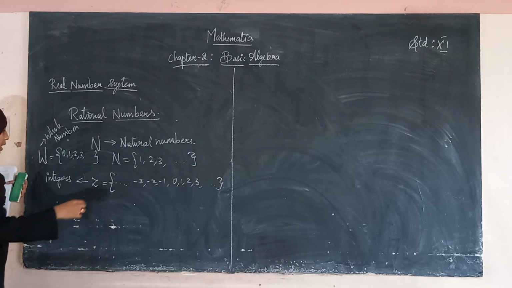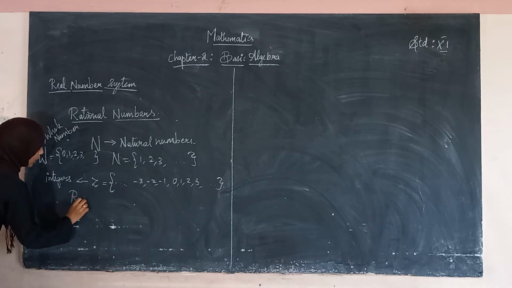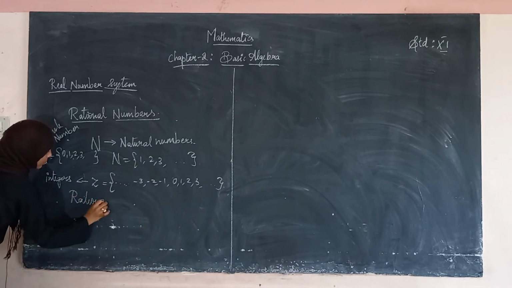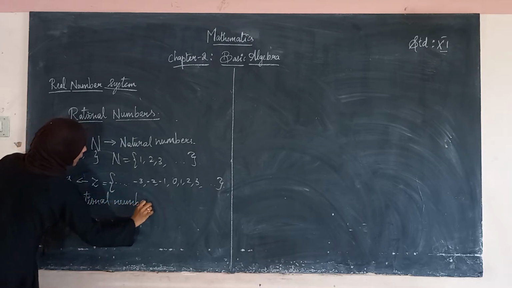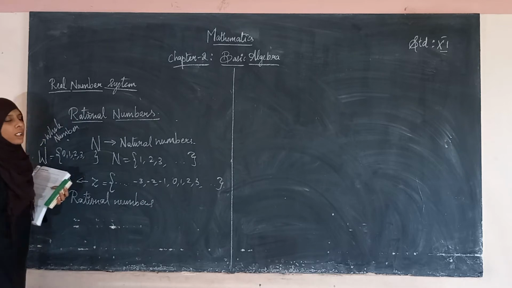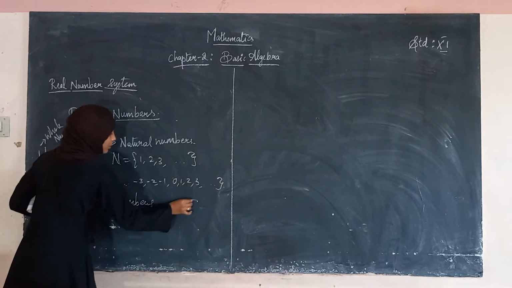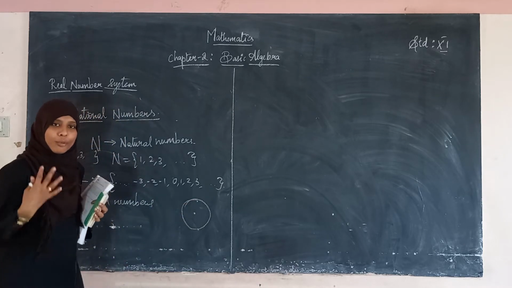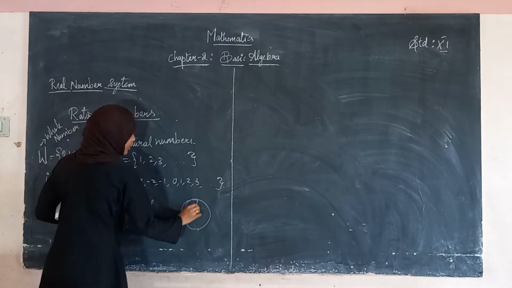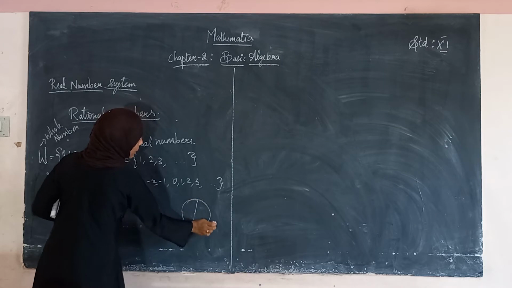Again, they arrived at one term called rational numbers. In your book they have given an example. If we have one cake, we have to split it into 5 equal parts.